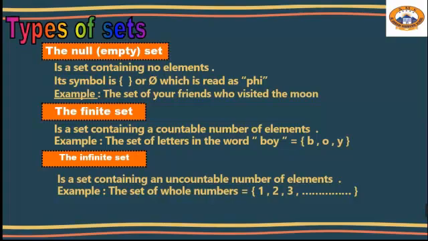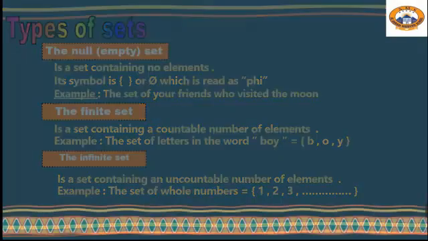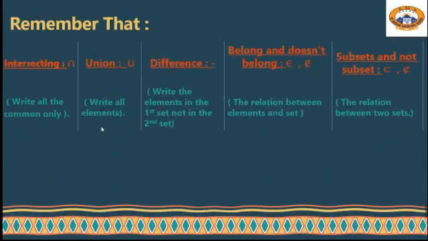Okay. Now I need you to remember with me the last thing we took about the sets. We took some new signs related to the sets. Okay? First, I have intersecting.